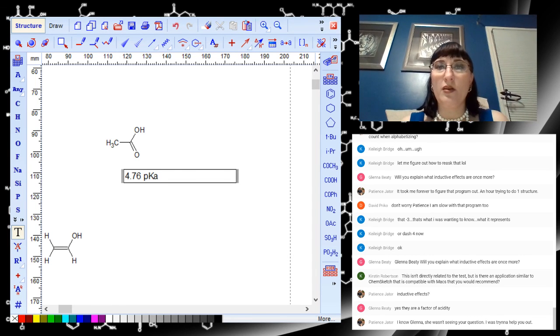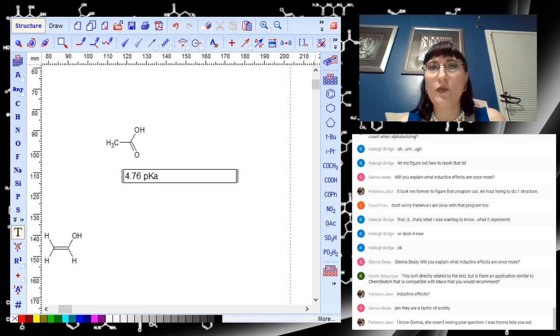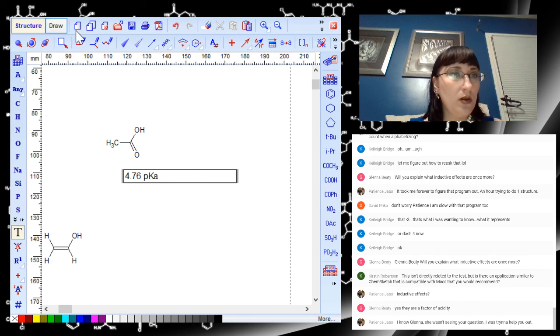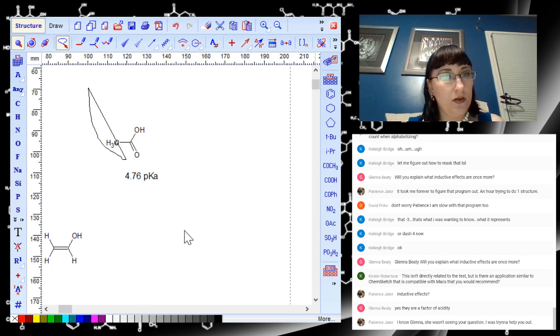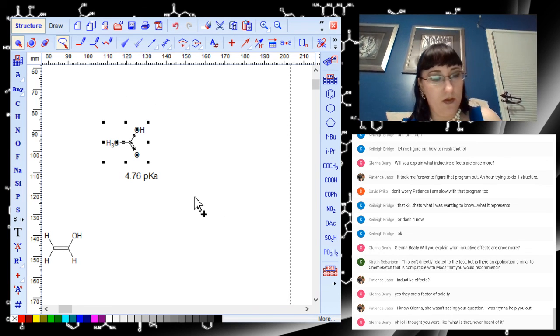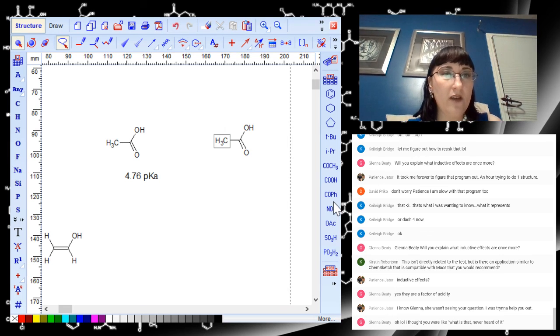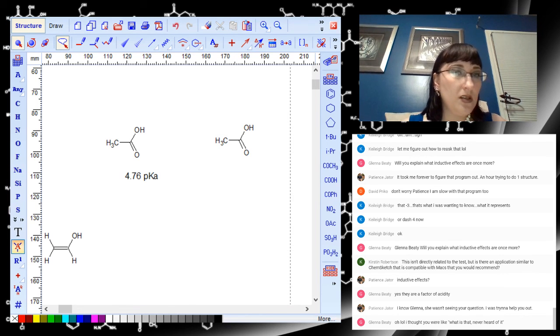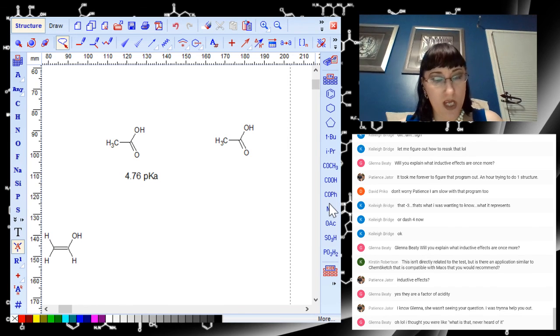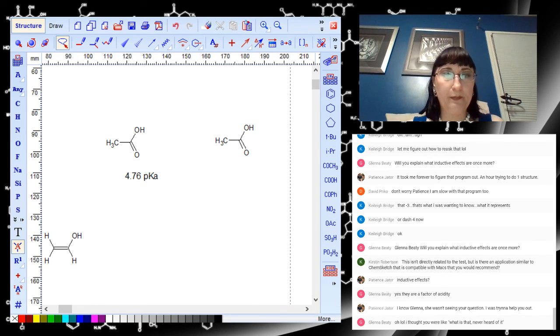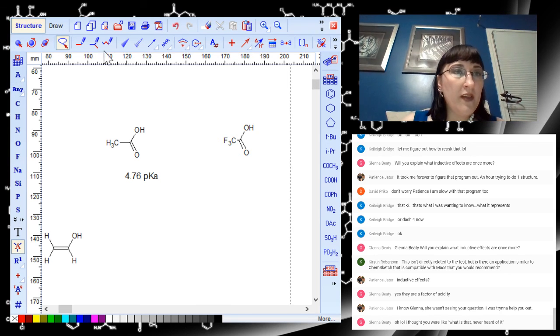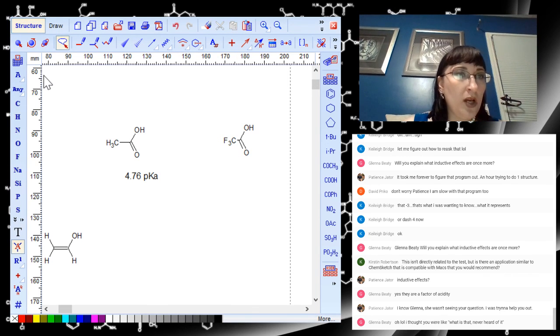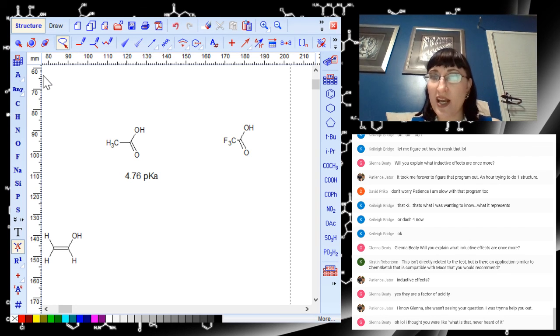Now if I type in a related molecule, which is called trifluoroacetic acid, where instead of having 3 hydrogens attached to my carbon, I would have 3 fluorines. If you look up the pKa for trifluoroacetic acid, its pKa is right around 0.